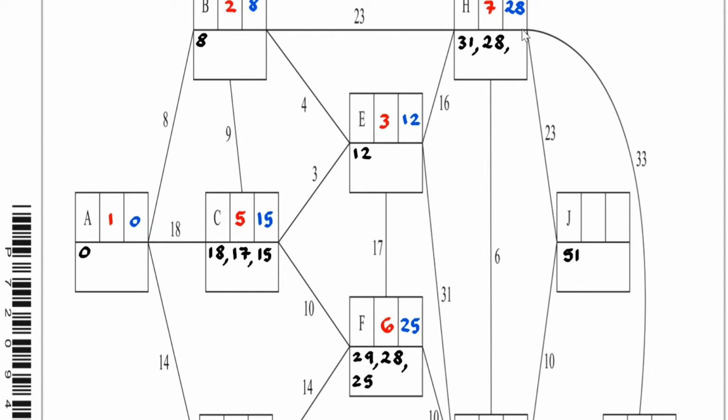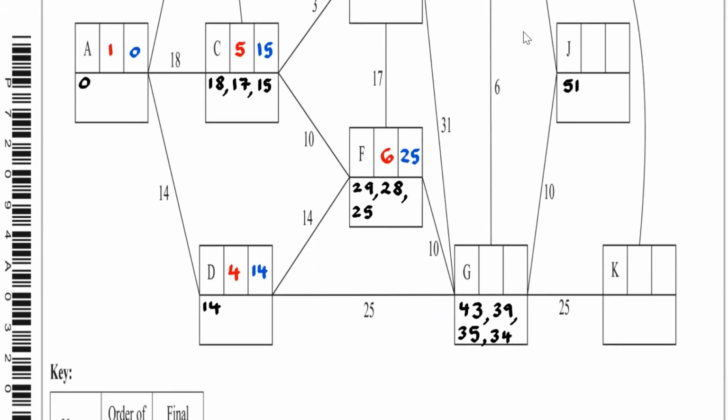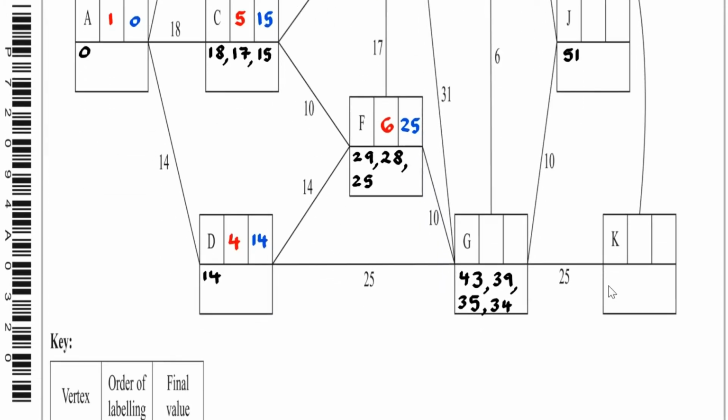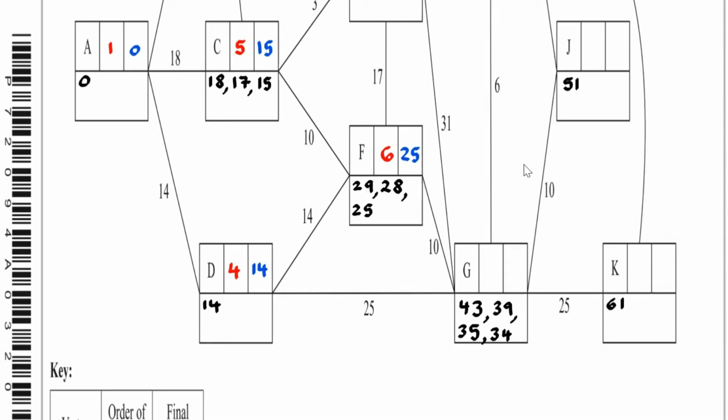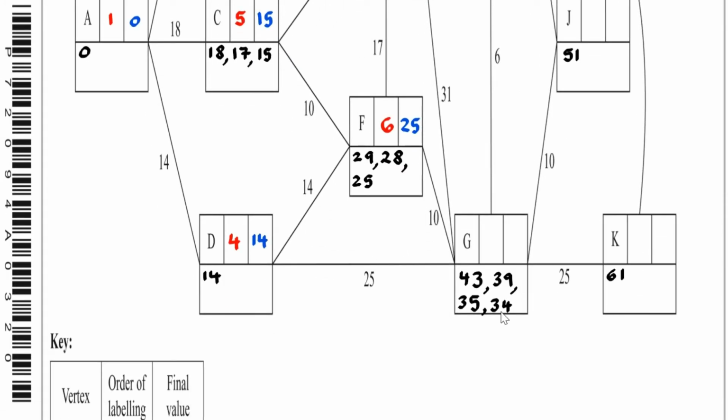And we have 28 plus 33, which is 61. So now the smallest from the 34, the 61 and the 51, that will be the 34. So 34 is our final value. The order of labeling will be 8.